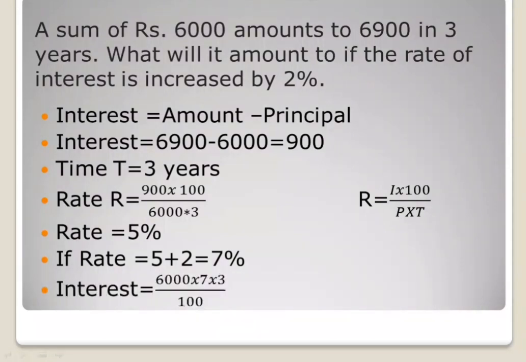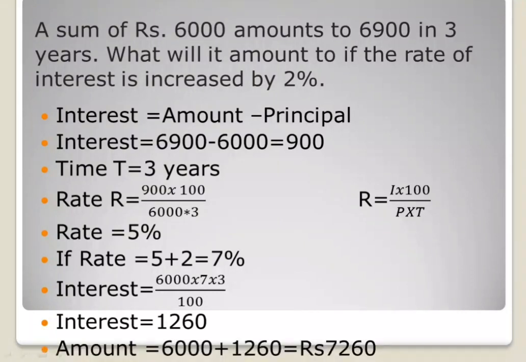So interest is equal to principal 6,000, rate of interest 7% now I am taking, and time is the same, 3 years, upon 100. So calculating interest from here I will get 1260 rupees as your interest. Now amount will be principal plus interest. So amount will be 6,000 plus 1,260, that is 7,260. This is your amount.